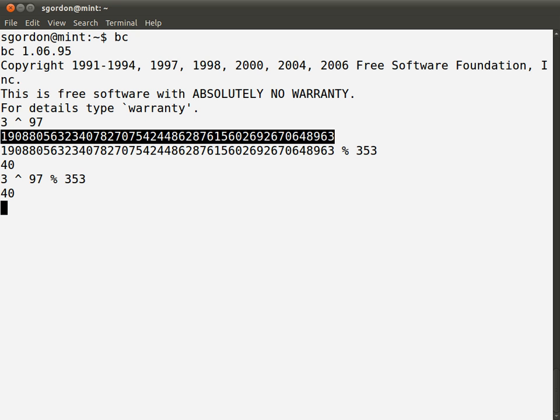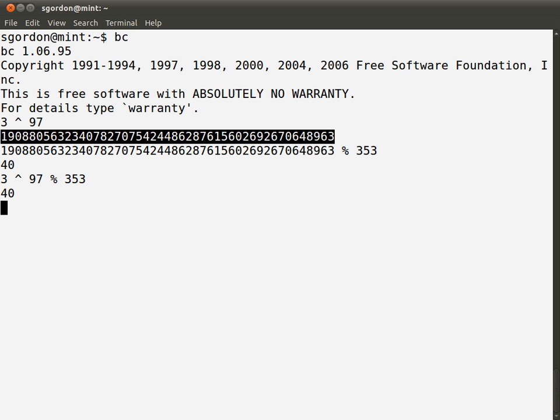User B does the same, follows the same steps. They choose their own private value independently. They're on the other side of the world. 233 in this case. They randomly choose a number within some range and calculate their value of YB.